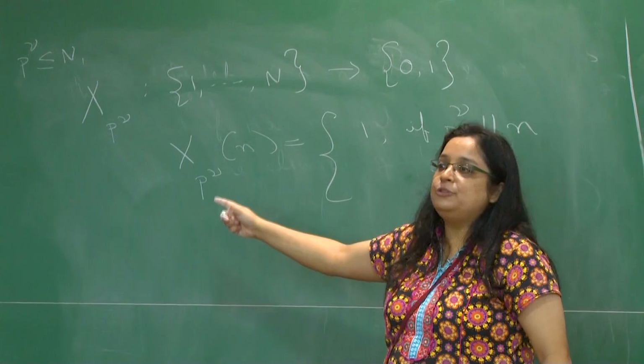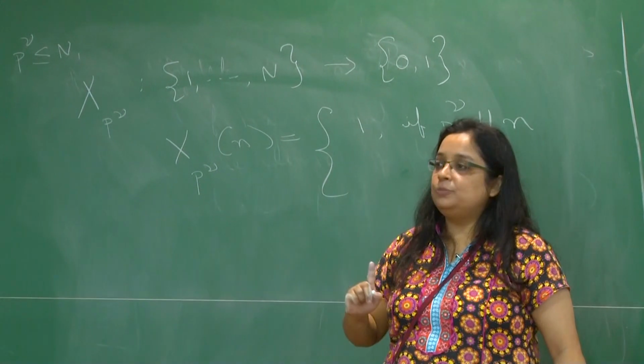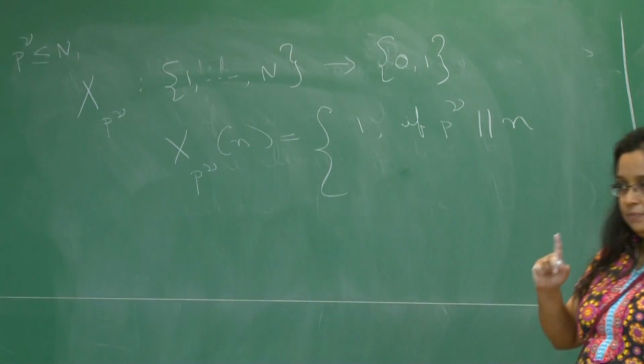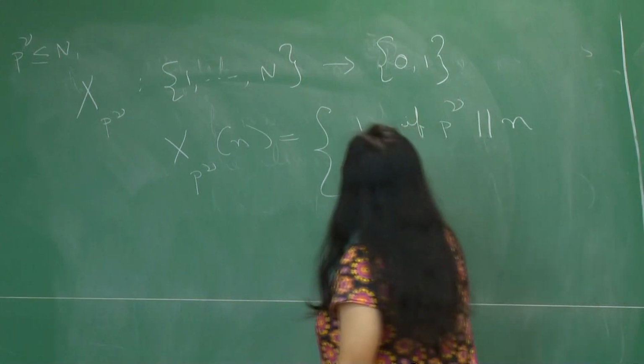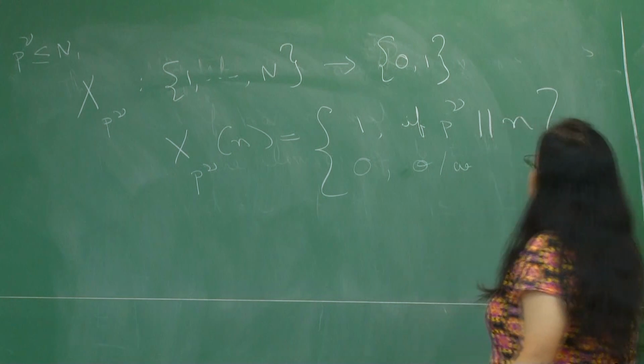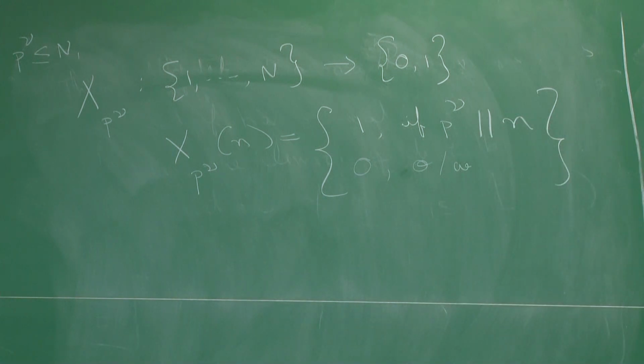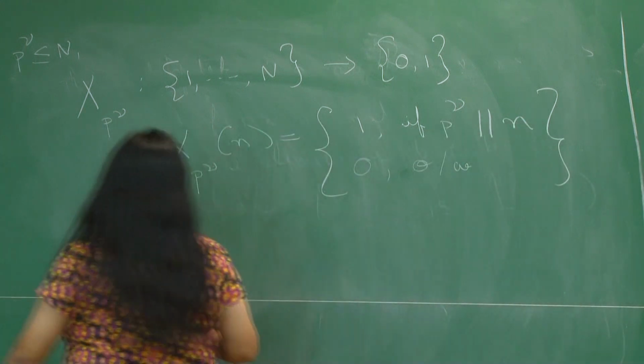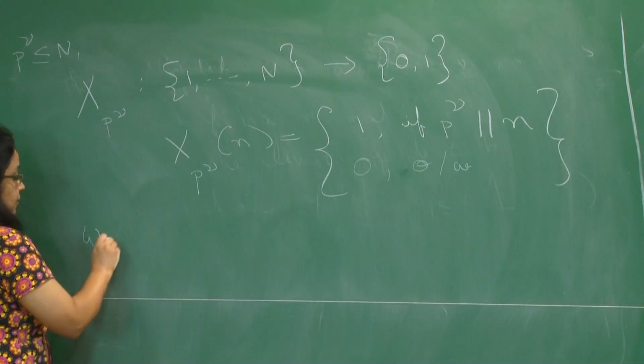For n equal to p you will have 0. It is only at p cube that you will have 1, and 0 otherwise.